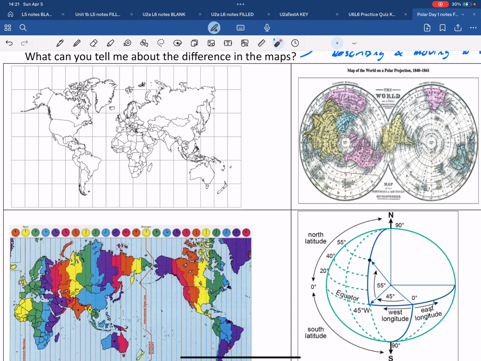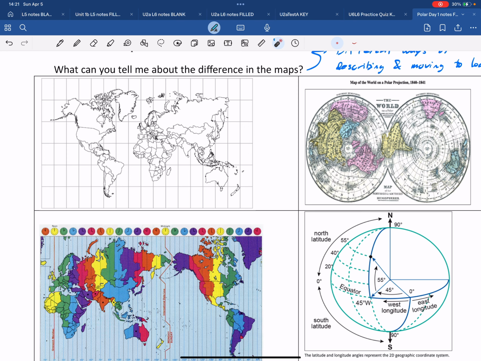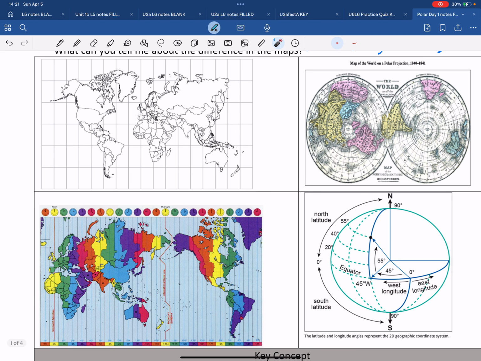So we've got 4 maps here, loose definition of maps. Maybe take a second, pause this video, come up with 1 or 2 answers, because when we're doing polar coordinates, we're going to be using the same type of visual, but just different formulas and different numbers to analyze those visuals.